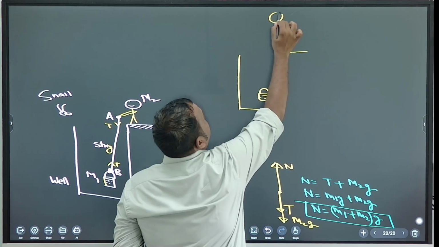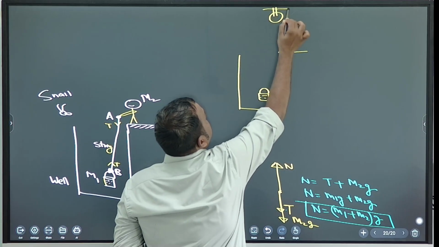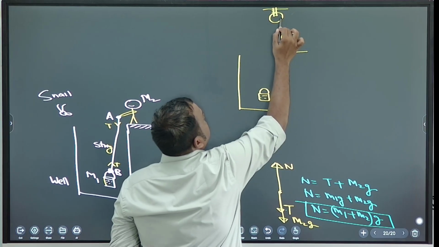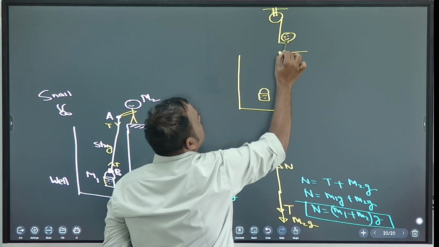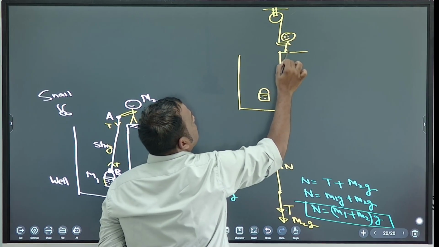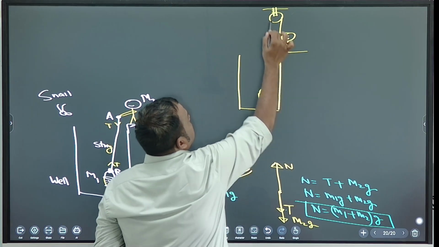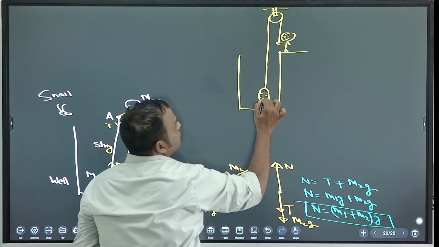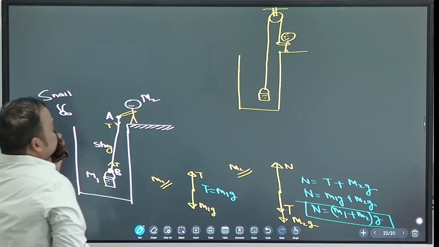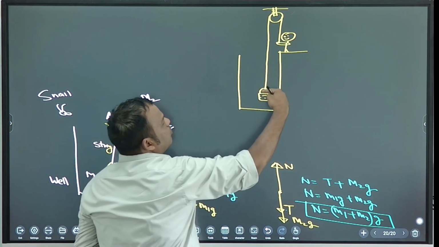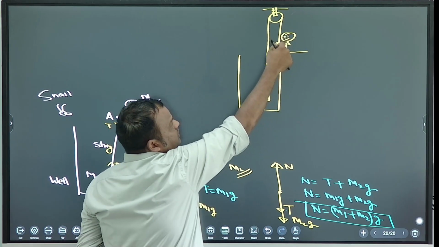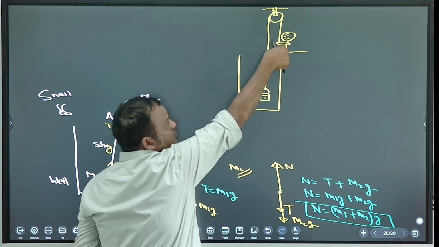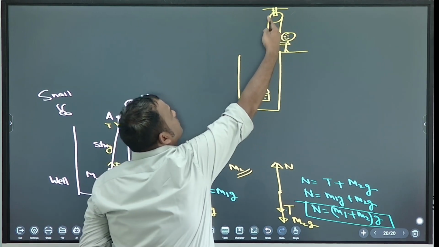Now here is the pulley. How many strings? One string, okay? So this person is pulling this end here down. Now this string is going like this.